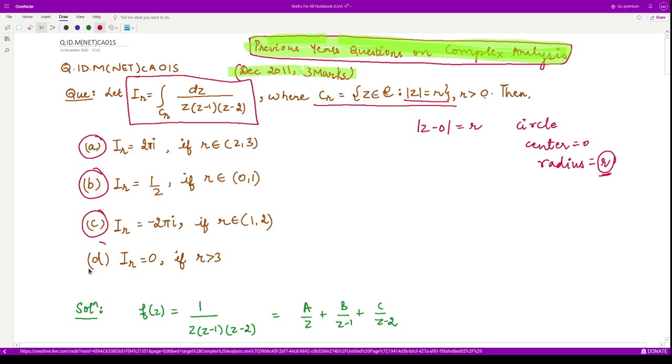So let us see how to solve this question. First of all, here we have to see this region clearly. What is the region where we can integrate?